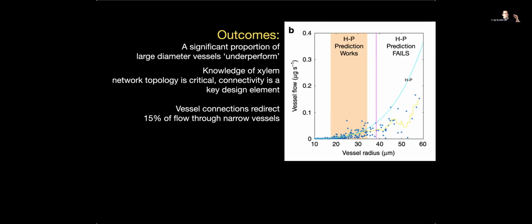The other parts that go into the flow estimations are either the resistivity of the pits that has been measured in other systems, or measurements that we've made from just pushing water through stem segments. The other part is something that we are working on.